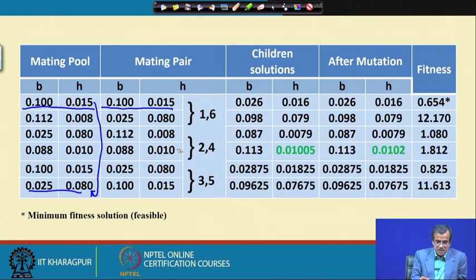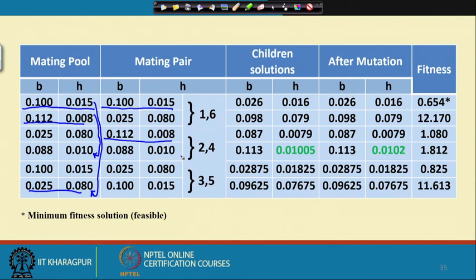Next we go for the second mating pair. So, here, this is the second solution. So, let me just copy it here 0.112, 0.008, and this solution is going to meet with the fourth one. So, this is actually the fourth one. So, 0.088, 0.010. So, this constitutes the second mating pair. The next is the third mating pair.